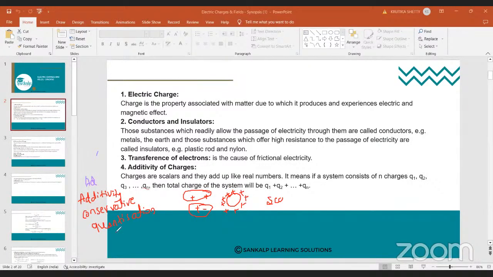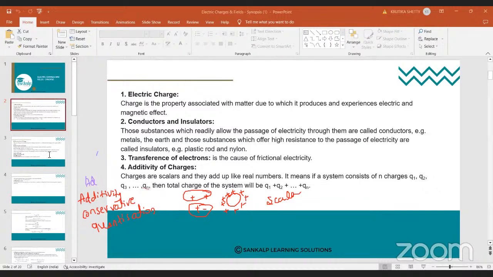Quantization of charge means charge is the integral multiple of the charge of the electron. That is, the charge of the body is given by Q. All of you know this, almost every college has this lesson. So charge is denoted by the letter Q.